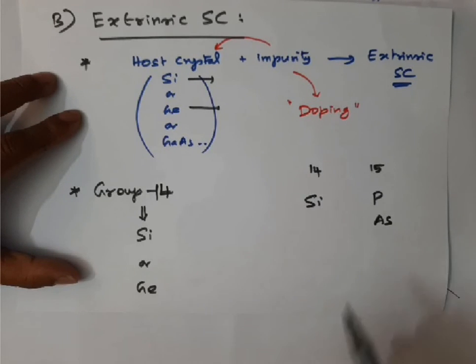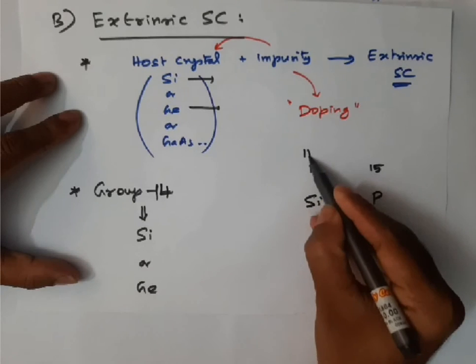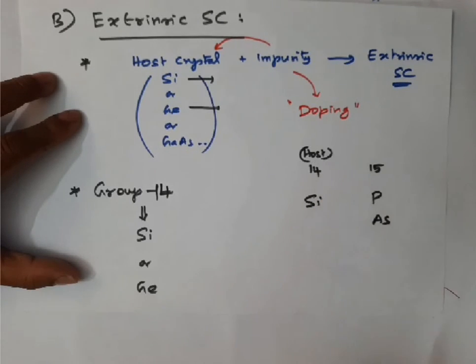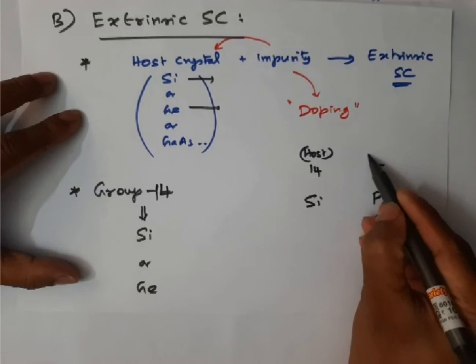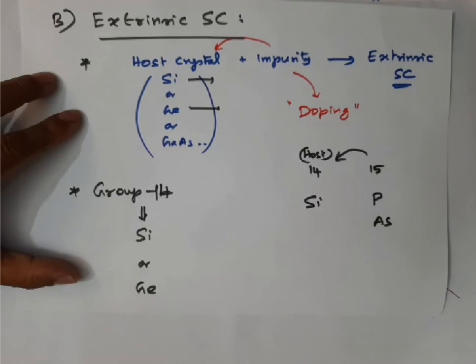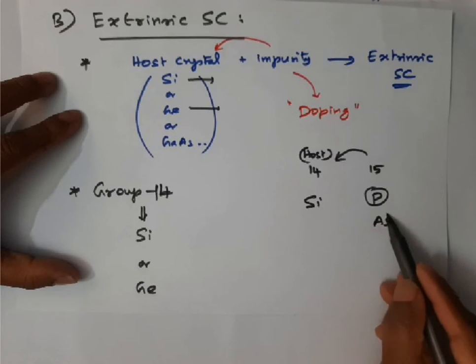Students, listen carefully. Group 14 element is the host crystal. To this, I am going to add a group 15 element. You can add either phosphorus or arsenic.